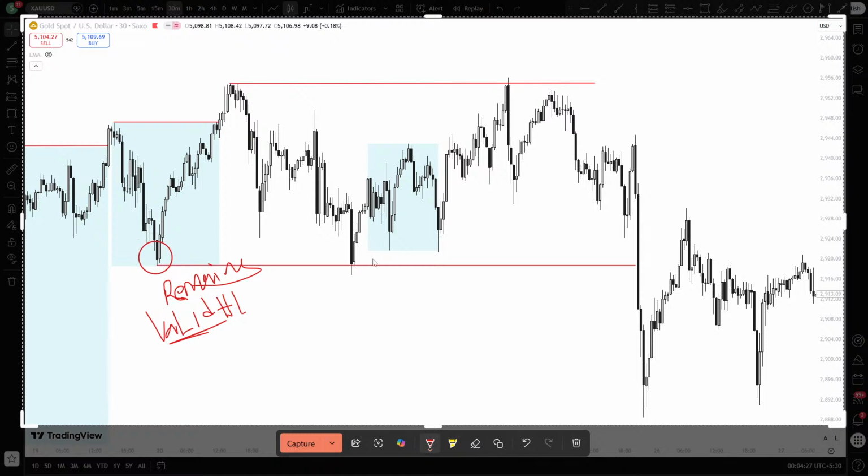So I say something here: if the market was going to continue going down, it was supposed to give us a break of structure. After giving us a break of structure, it has to start doing its own consolidation below this higher low.